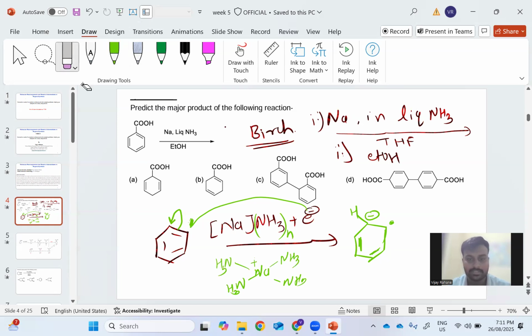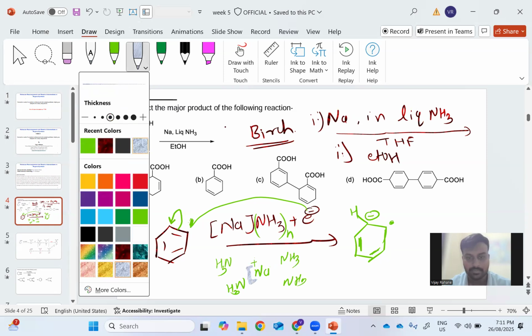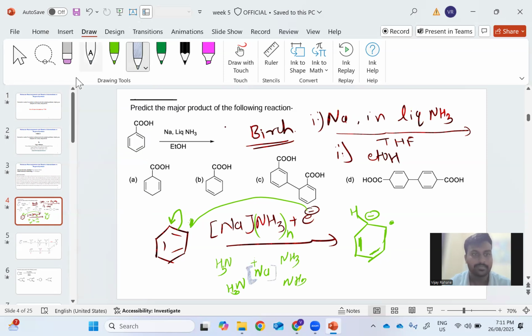There will not be such a direct bond, but there will be a chelation, we can say, with this sodium cation, right? So this is how it goes.